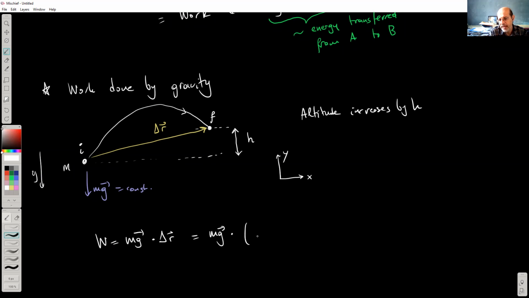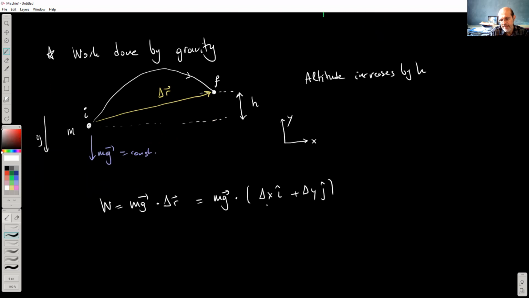So in that case, I can separate the displacement into these two components, right?